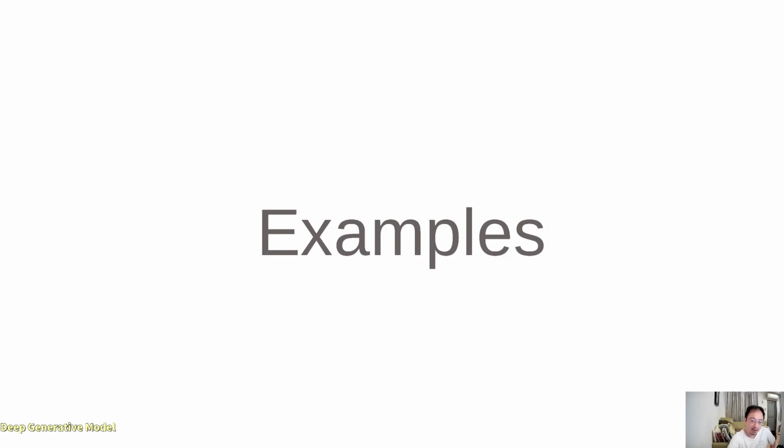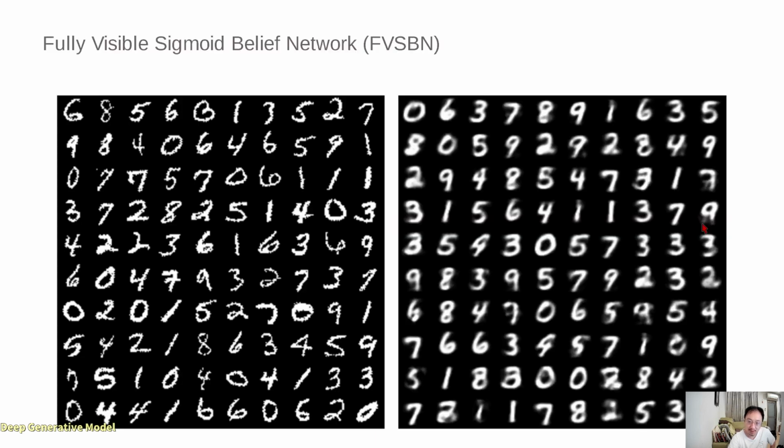In this video, we are going to present a few examples of the autoregressive models. The first one is the fully visible sigmoid belief network. A belief network was very popular, perhaps in 2010-ish. It is less popular right now, I guess, for some reasons.